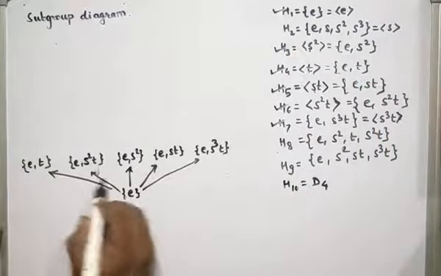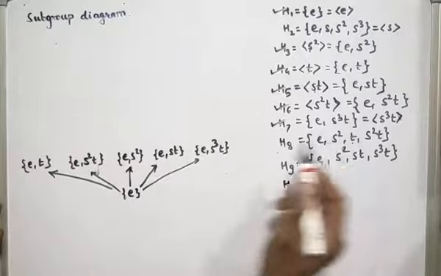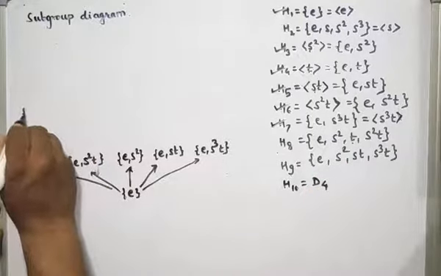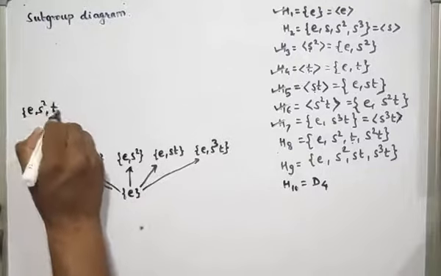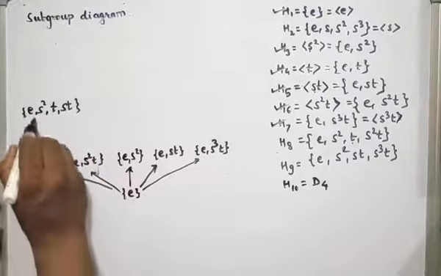So here T, S square T. I will write here identity, S square T, S T. So here identity is a subset of this.